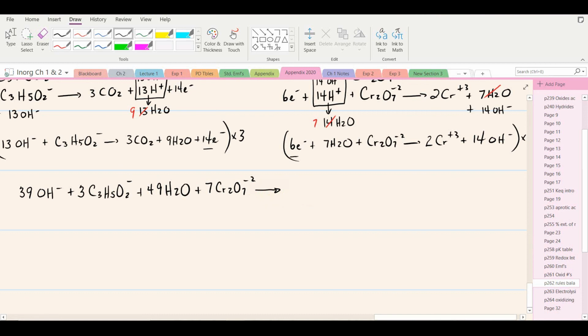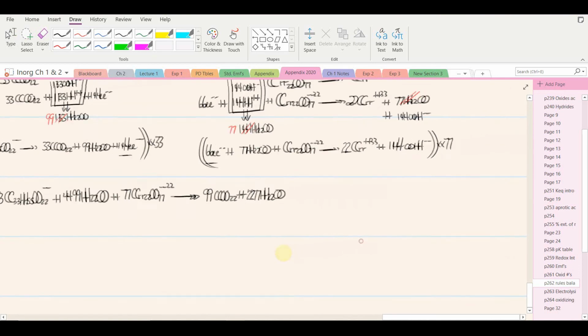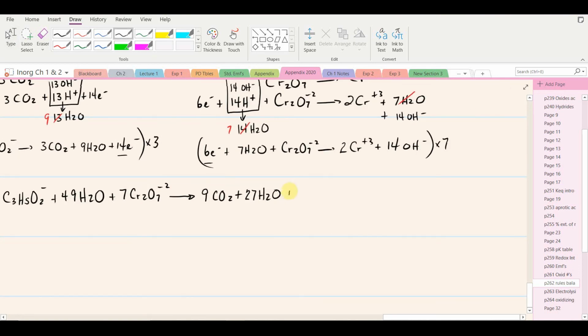Let's pick up the right side. I have 9 CO2, 27 H2O. The other right side, 7 times 2 is 14 Cr plus 3. And 14 times 7 is 70 plus 28 looks like 98 hydroxides.